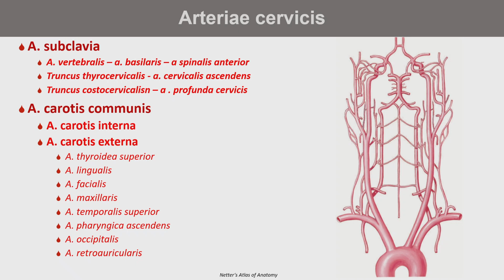Now we turn to cervical arteries and head arteries, not cerebral arteries. If you look at this picture, which is very, very complicated, it's the arteries of the neck and head.